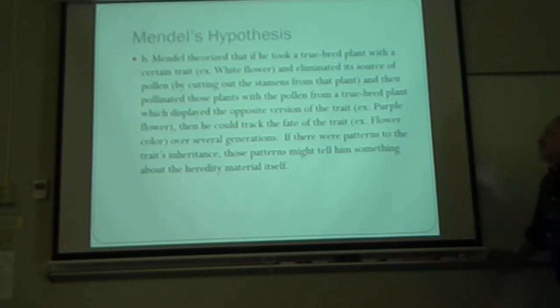The trait really is flower color. The purple and white are going to be called phenotypes. And so he could track the fate of that trait over generations. And if there were patterns to these traits' inheritance, those patterns could tell him something about the actual hereditary material itself.